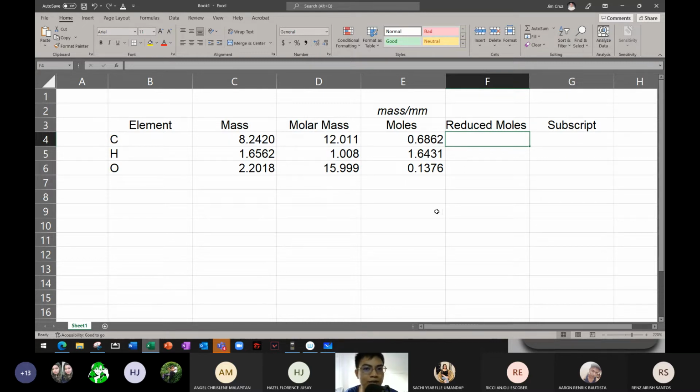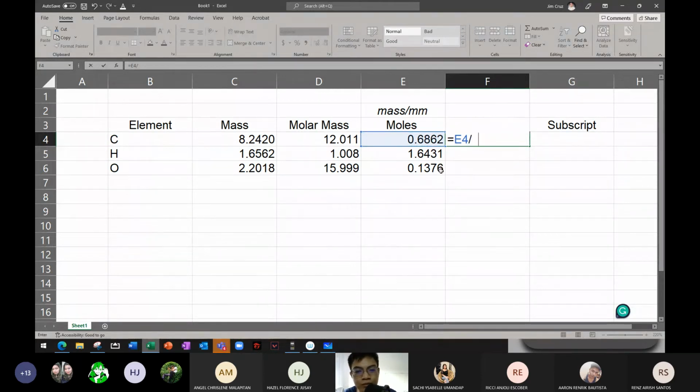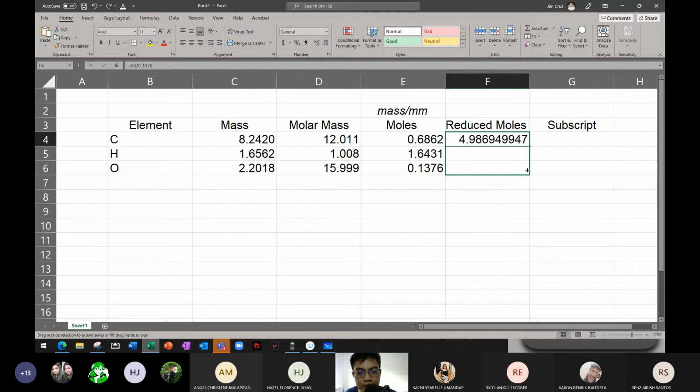So, paano yun? So, you just press equal sign. Okay? So, this mole will be divided by the smallest mole. Ano yung smallest mole dito? Obviously, itong 0.1376, right? So, I will divide it by 0.1376. Yun yung akin smallest mole, di ba? Okay, and then I always tell my students to round this up to 2 decimal places.